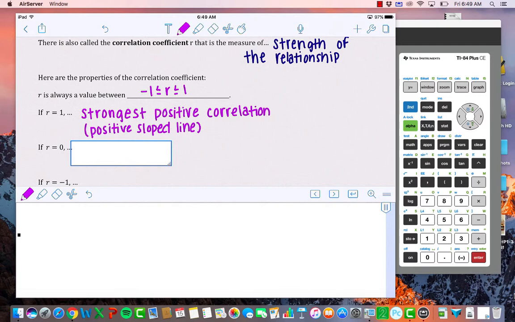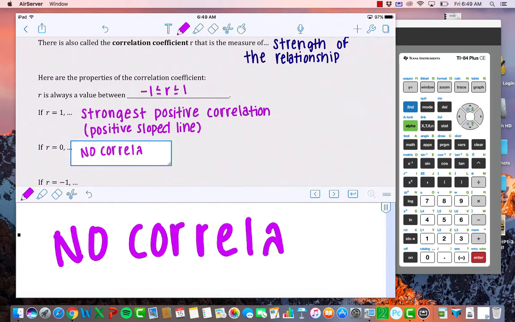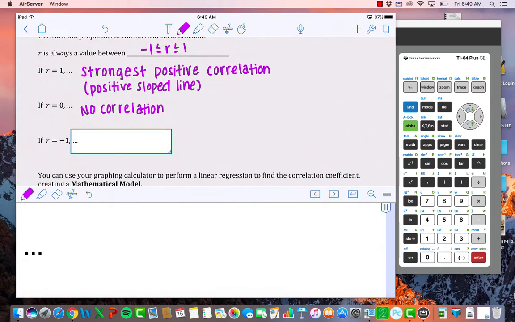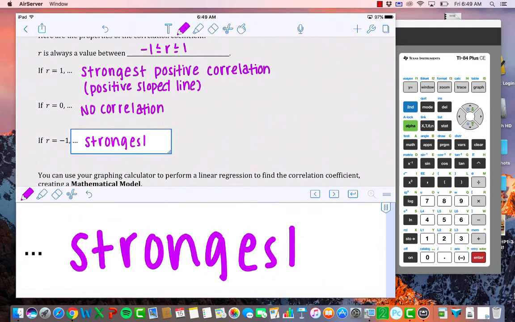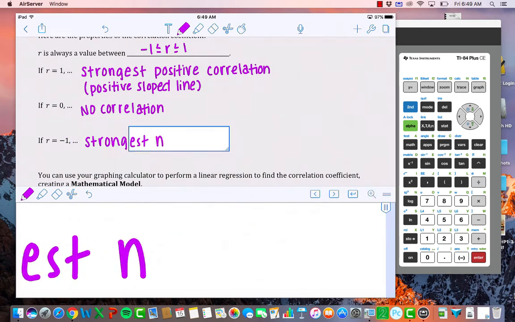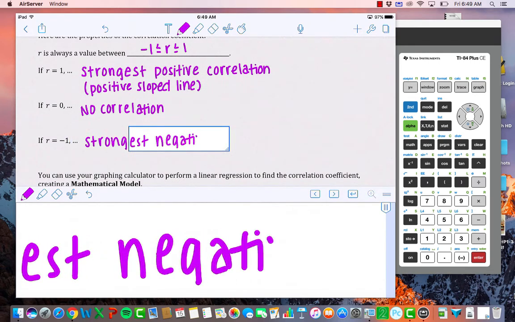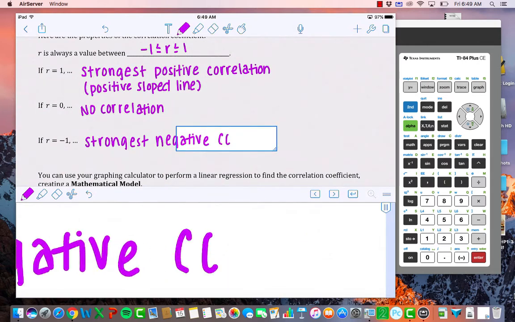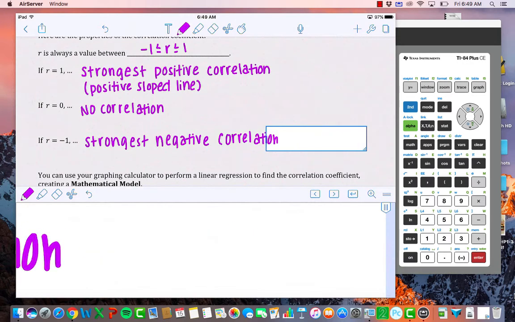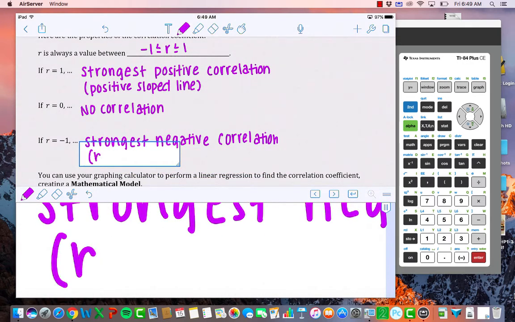If you have a correlation coefficient of 0, there's no relationship or no correlation. And if you have a correlation coefficient of -1, it is the strongest negative correlation, or a negative sloped line.